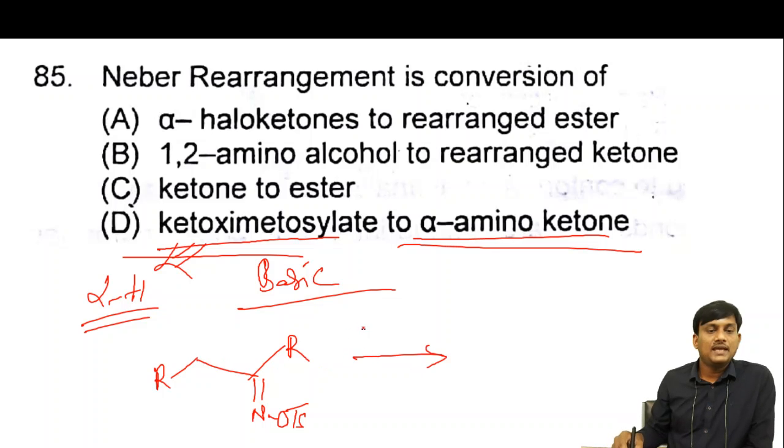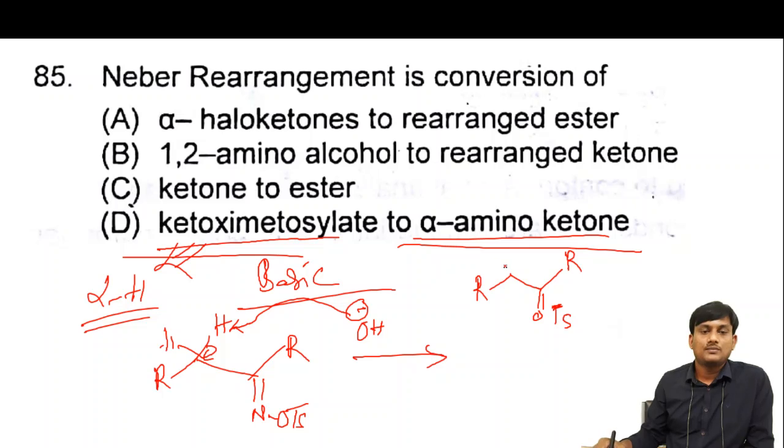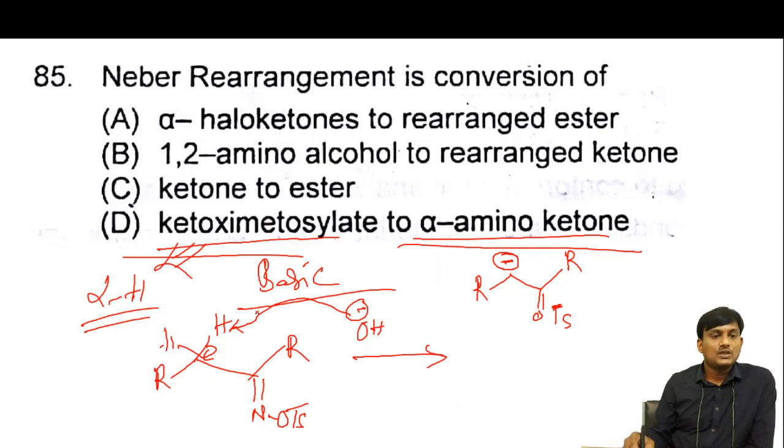In the presence of base, OH minus, these are the acidic protons. So the base abstracts a proton, and there is a generation of a carbanion. This is the ketoxime, so this one is N and OTS.